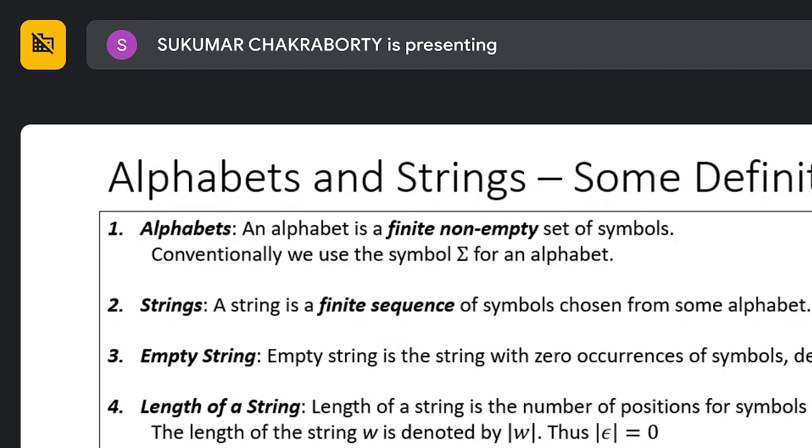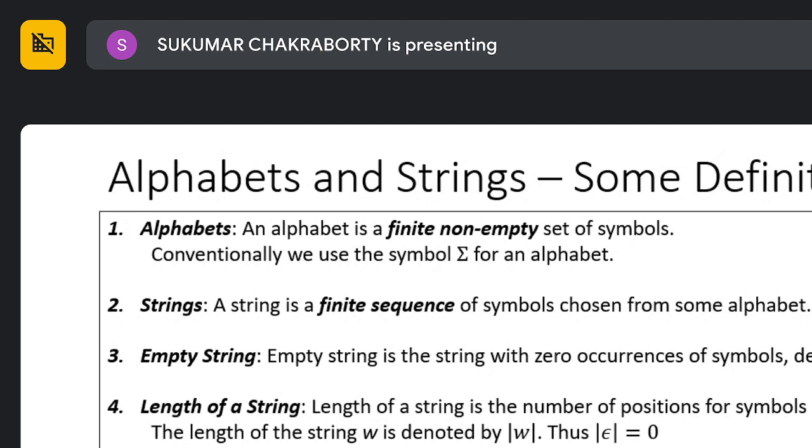Then power of an alphabet. If sigma is the alphabet, then sigma to the power k is the set of strings of length k taken from sigma. What does it mean? This means that sigma to the power 0 is epsilon, sigma to the power 1 means all strings of length 1, that is 0 and 1 only. If you say sigma cube, that means all strings of length 3 taken from the alphabet.